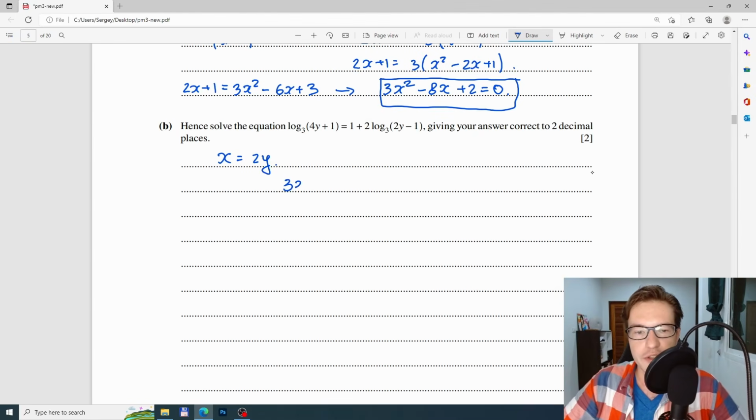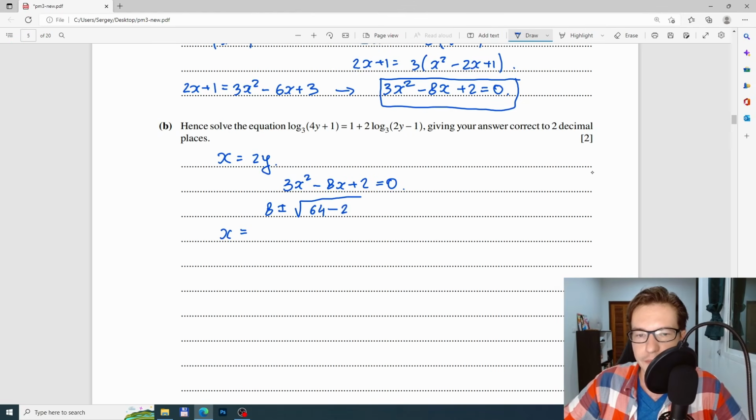We got 3x squared minus 8x plus 2 equals 0, and we can use the quadratic formula to get 8 plus or minus the square root of 64 minus 24 over 6, which is 8 plus or minus the square root of 40 divided by 6.